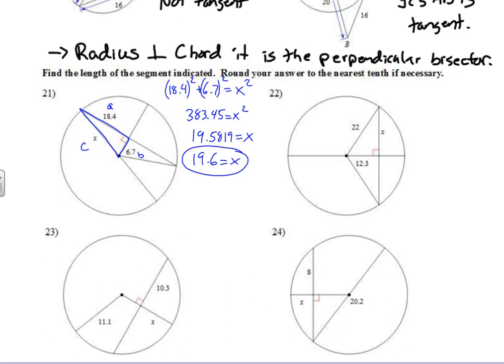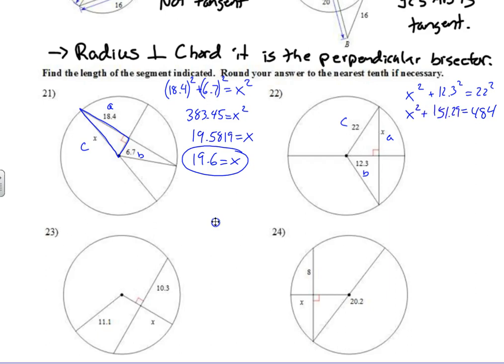Same thing we have going on in 22. Here's C, call this A and B. So again, x squared plus 12.3 squared equals 22 squared. Just a little different algebraically: 22 squared is 484, 12.3 squared is 151.29.